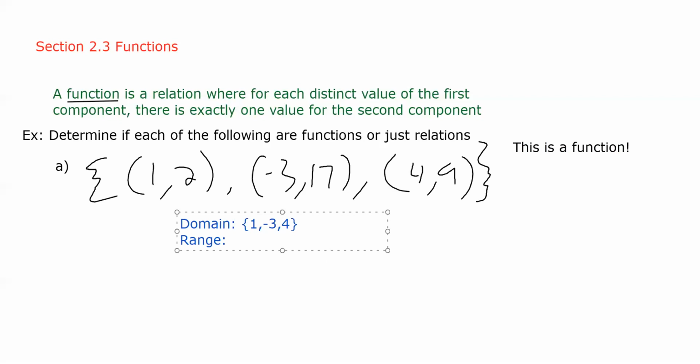You've always heard, oh, domain is the set of all x values, range is the set of all possible y values, and for the most part, yeah, that seems to be a good way to define it. The range then is the possible y values 2, 17, and 9. Of course, we will more formally define domain and range a little later on. That's a solid definition for it.